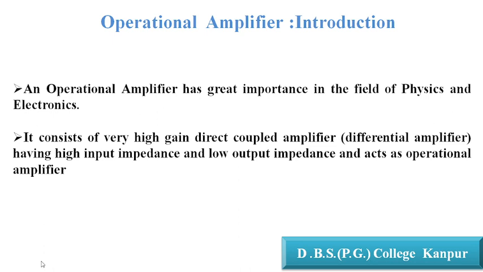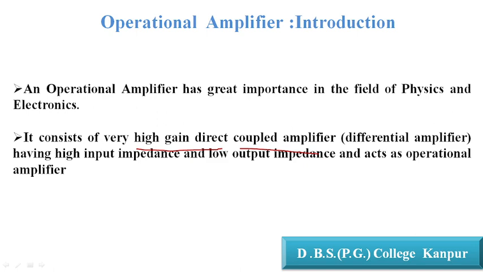Now a proper definition of the operational amplifier: it consists of a high gain, direct coupled amplifier, meaning an amplifier which is directly connected, without coupling elements. Most amplifiers are not directly connected; they are RC coupled amplifiers, transformer coupled amplifiers, and there are many other types of coupling.